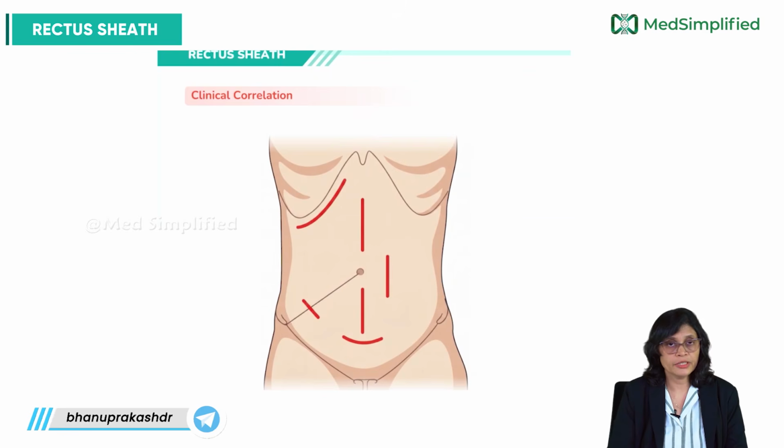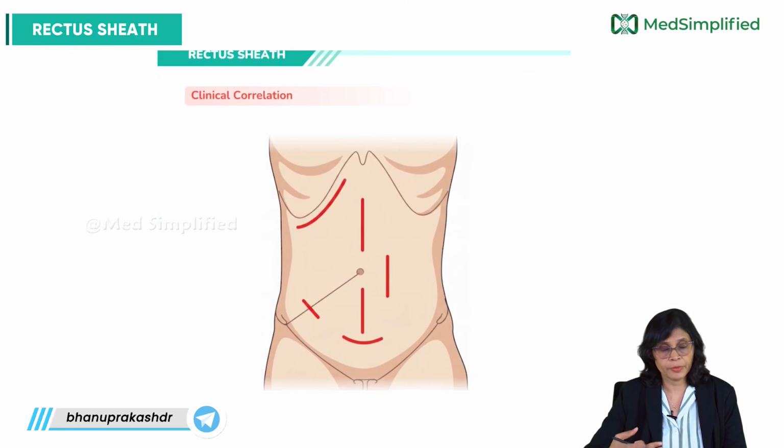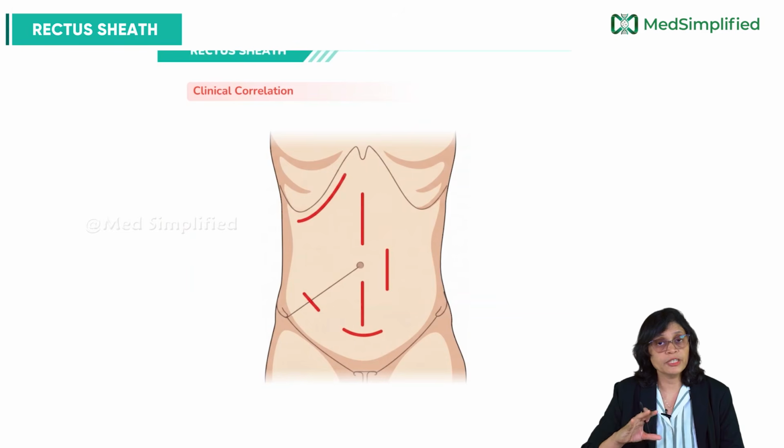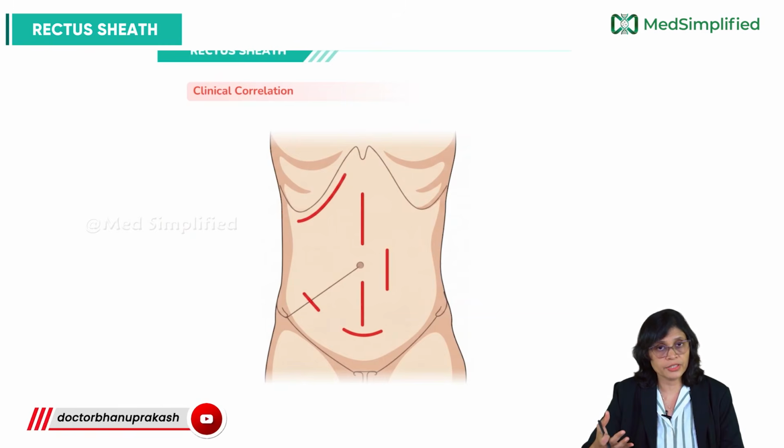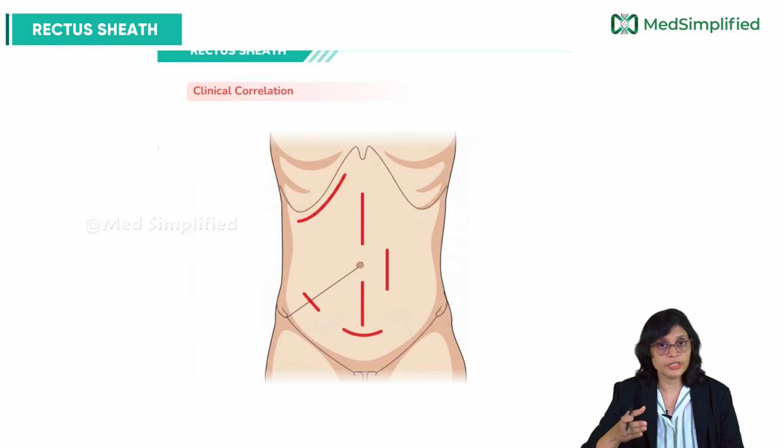The next important thing in this region, the anterior abdominal wall in the midline, is that we have to understand about the abdominal incisions. Abdominal incisions are very common, because when we have to do abdominal surgery, a laparotomy, to explore the abdominal organs or contents, we have to put an incision on the anterior abdominal wall.